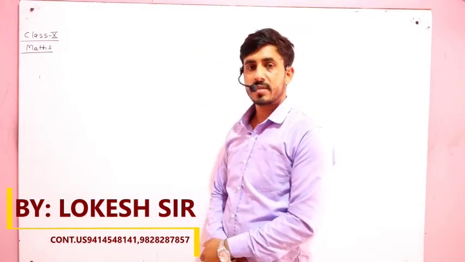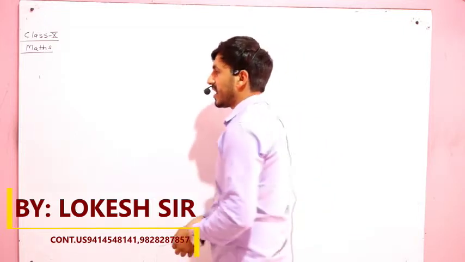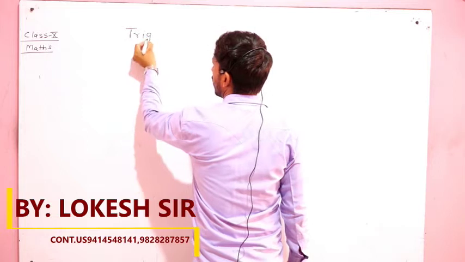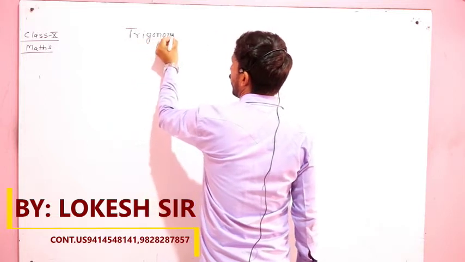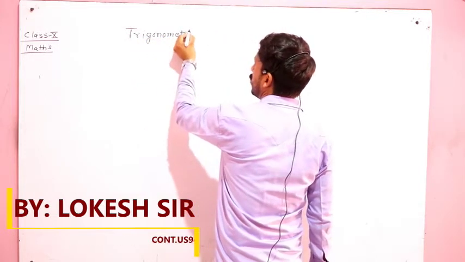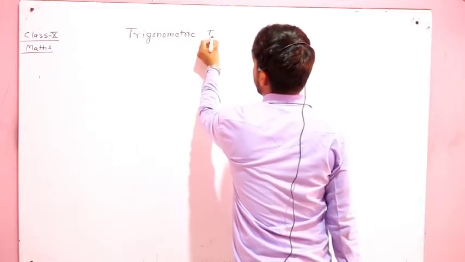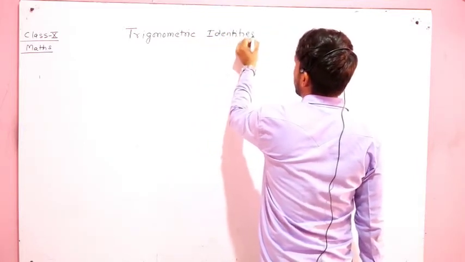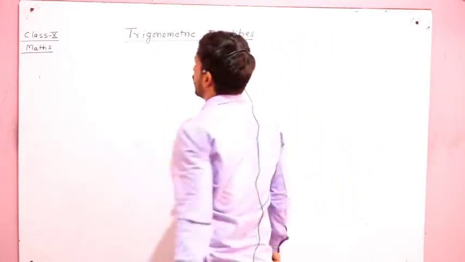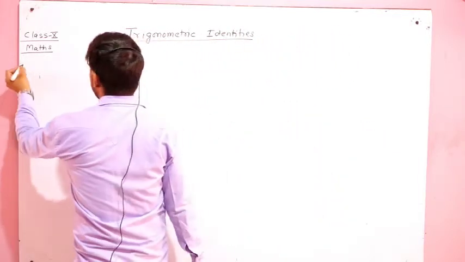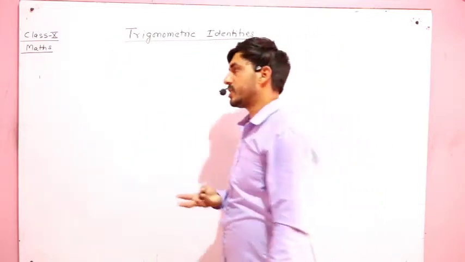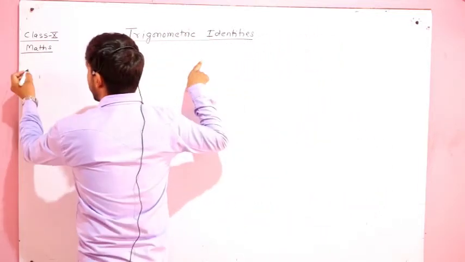The subject is mathematics, and in the last class we were discussing trigonometric identities. In this chapter, first we have obtained three identities known as trigonometric identities.